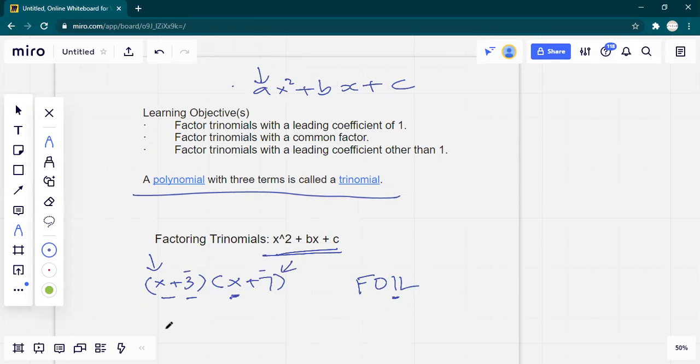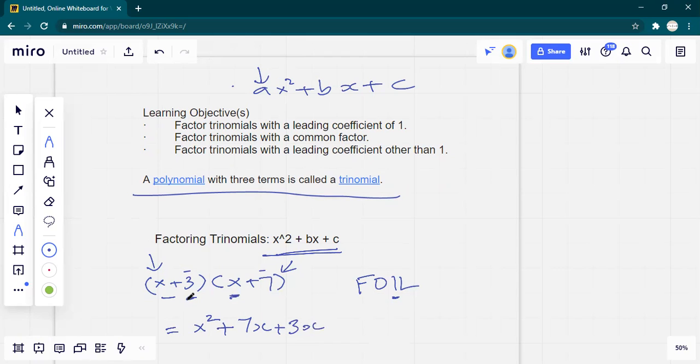Let's multiply. The first terms, x times x, is x squared. Plus the outer terms, x and 7, so x times 7 is 7x. Plus the inner terms, 3 and x, 3 times x is 3x.